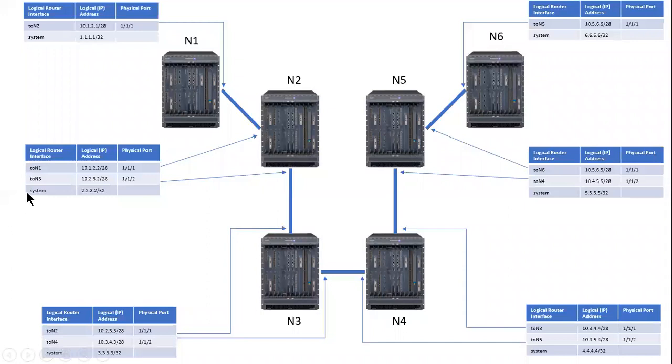All right, so at this point, we've got all of our system interfaces, our router logical interfaces called system. Those are all configured properly. So the last thing we'll do is we'll go ahead and not only establish the physical connections between these routers, but we'll also configure those physical connections as well.